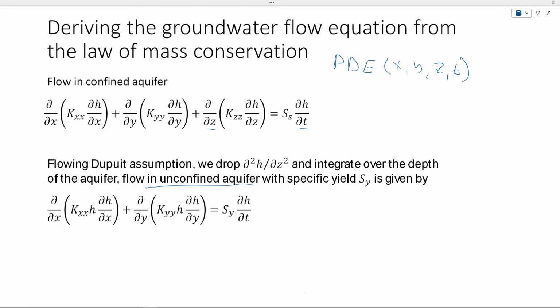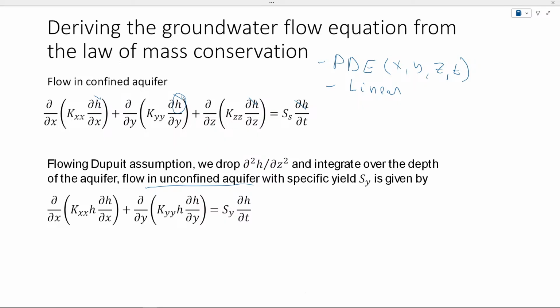Is it linear or non-linear? Well, h here is linear, h here is linear. My dependent variable, which is the hydraulic head h, is linear. So the equation is linear.